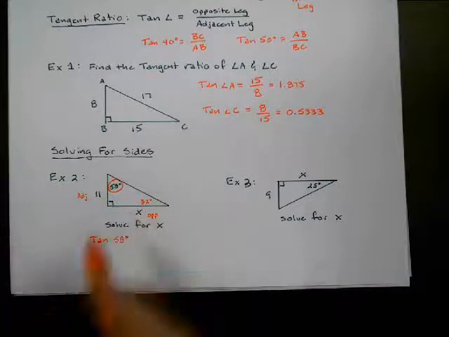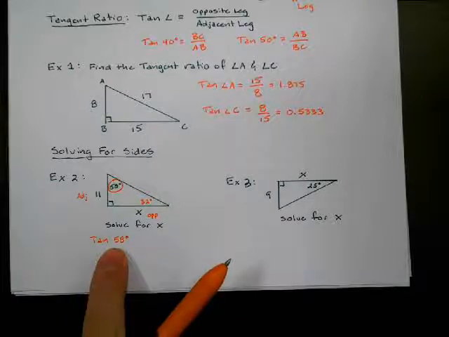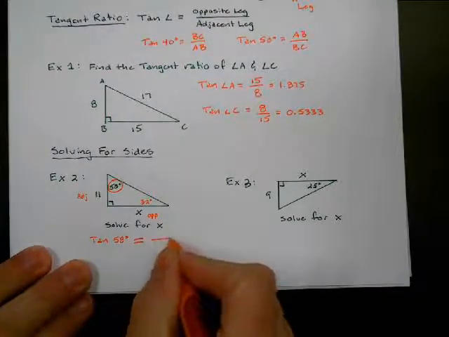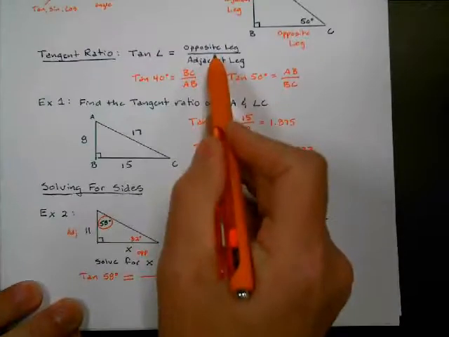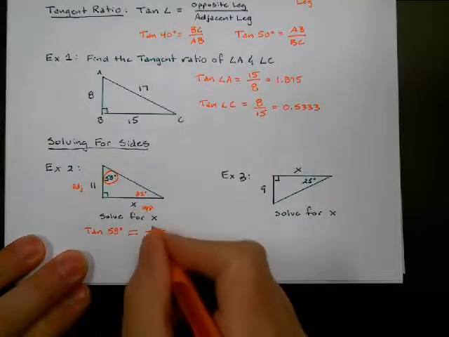So they should have some kind of scale factor between them. That's what the tangent of 58 is. It's the scale factor of that type of triangle. Now, it's the scale factor of the opposite side, opposite leg, over the adjacent leg. So what's our opposite leg? Our opposite leg is x. What's the adjacent leg? 11.